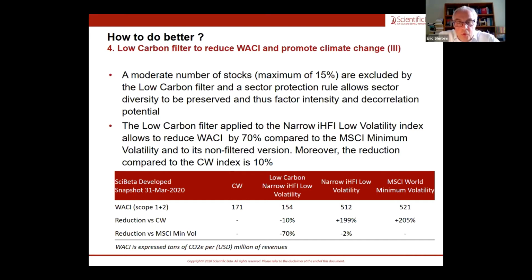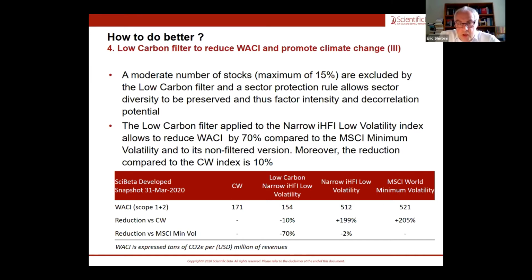Well, we observed before that without the filter, the carbon exposure was about 200%, twice as high compared to a cap-weighted index. With the carbon filter in place, we're able to generate a defensive strategy that has carbon exposure which is 10% less than the carbon exposure of the cap-weighted index.